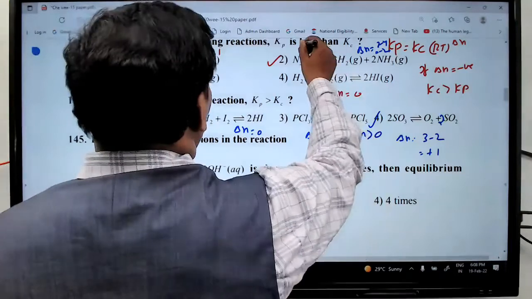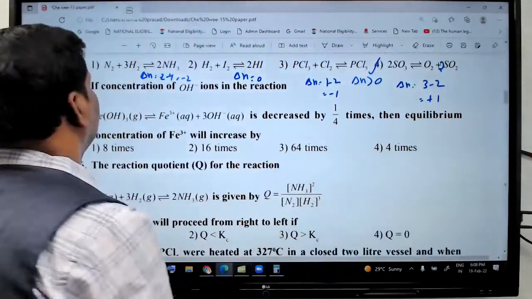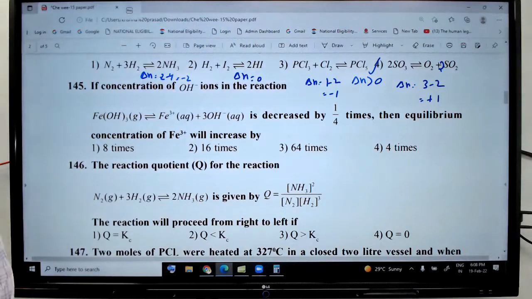Next, question number 145. If the concentration of OH minus ion in this reaction is decreased by a factor of 1 by 4 times, then the equilibrium concentration of Fe plus 3 increases by how much? Look, here there is a solid.